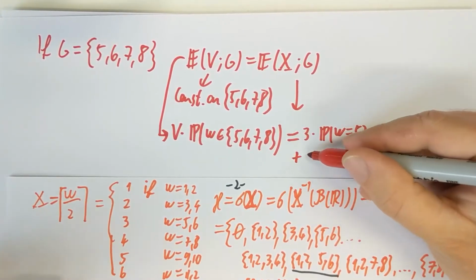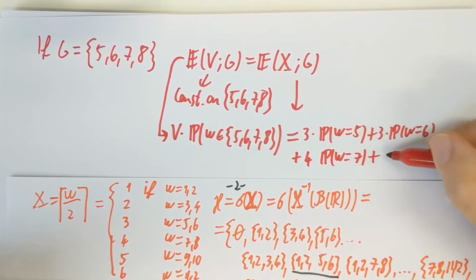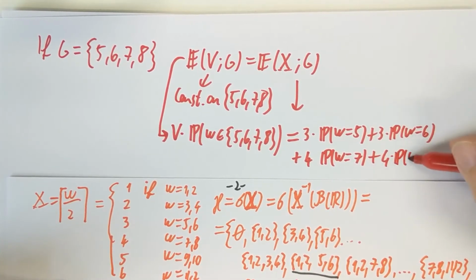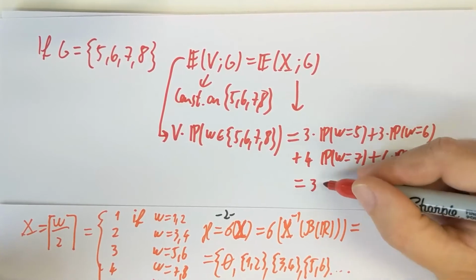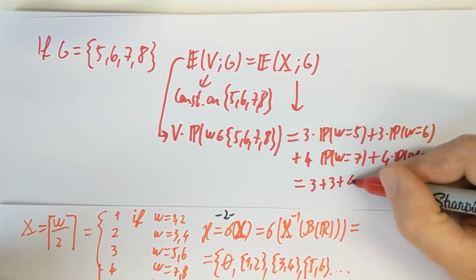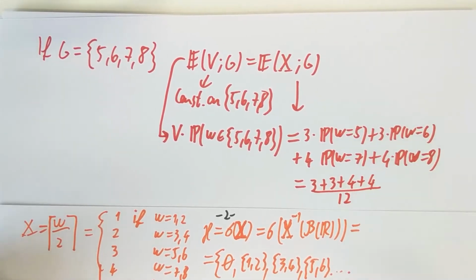And then it's 4 when omega is 7, and it's 4 when omega is 8. And so on the right hand side I'm getting 3 plus 3 plus 4 plus 4 times 1 over 12 for each of these probabilities.